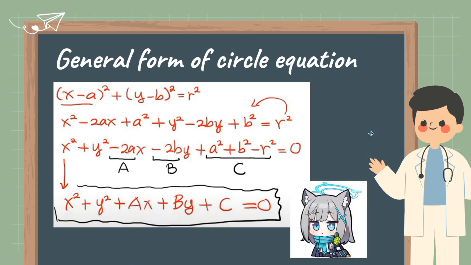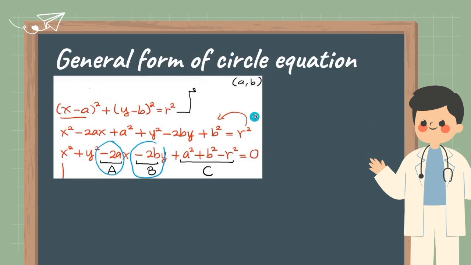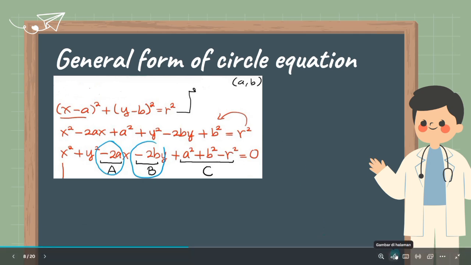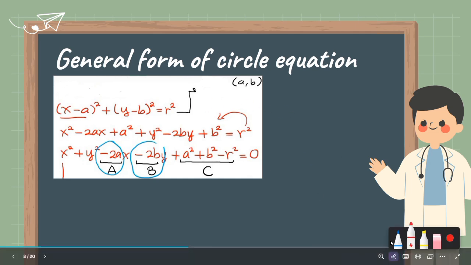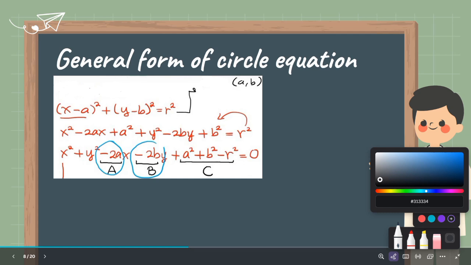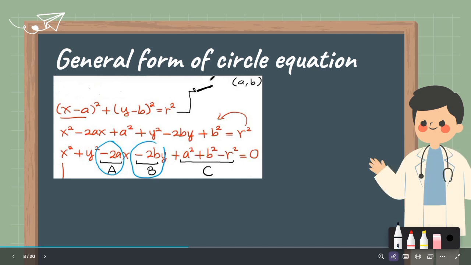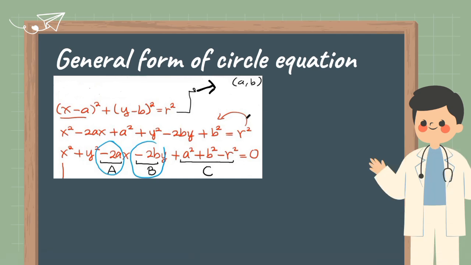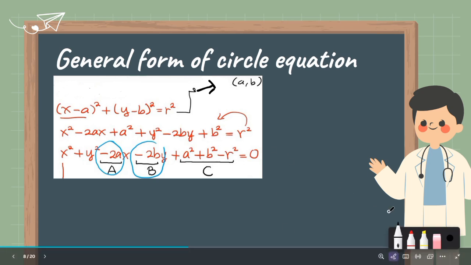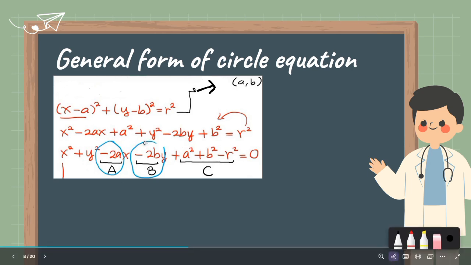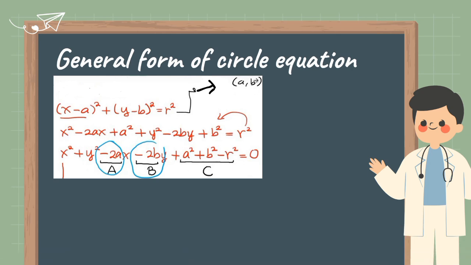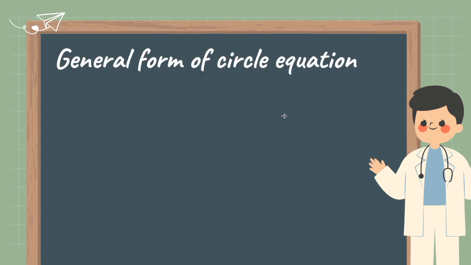Next, we will look for the center and radius. In the equation (x minus a) all square plus (y minus b) all square is equal to r square, the center is at a, b. Then, for this equation, looking for the center is to replace the variables a and b, like this.